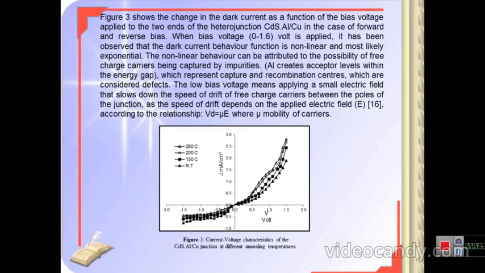When annealing is performed, the dark current values increase clearly, as seen in Figure 3. On the other hand, it was observed that the forward bias current and the rectification factor RF increased significantly with increasing annealing temperature, as in Table 1.